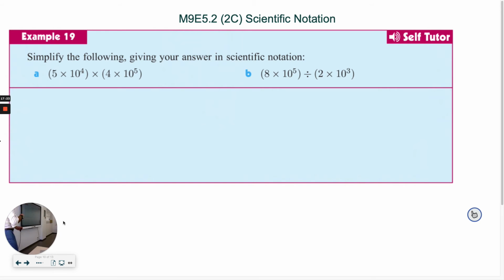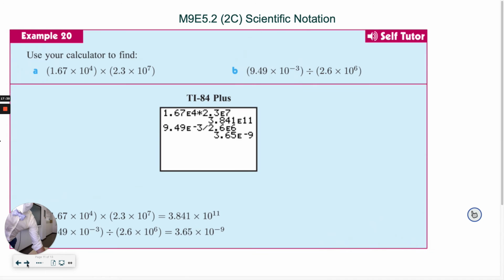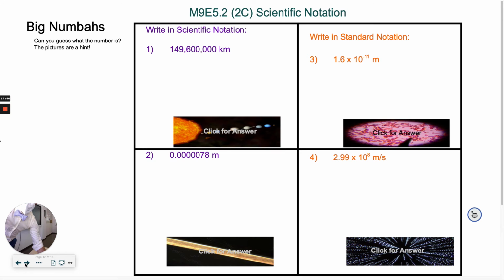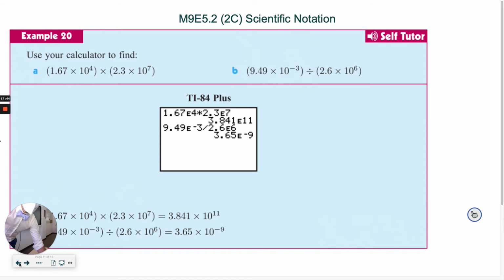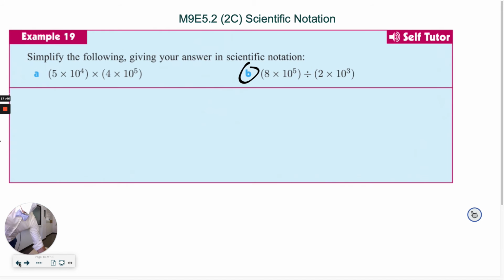Why don't you try B? Because we just kind of did something like that. B. Do the tens plus one? Sort of. Can you subtract them? Yeah, they do. It's one of the laws.